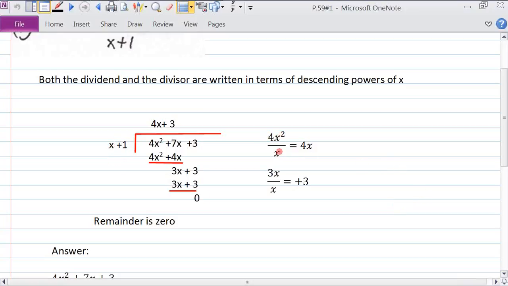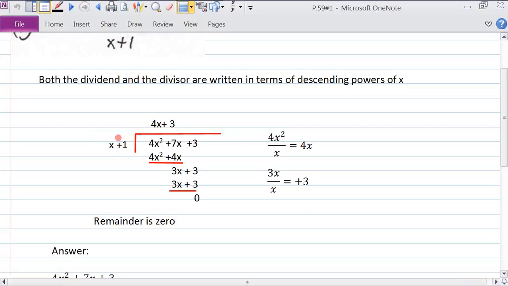So 4x squared over x gives me 4x. So that will be my first term in the quotient. So 4x here.